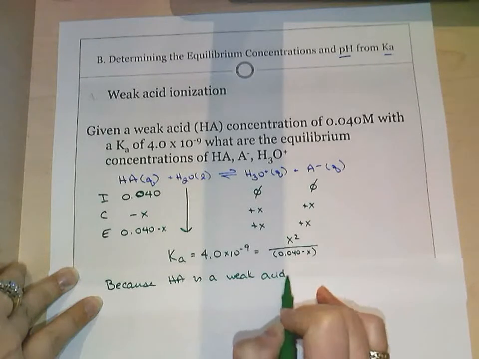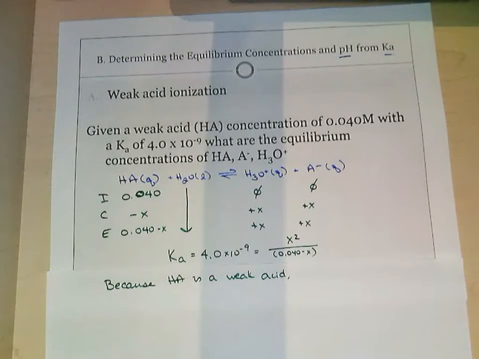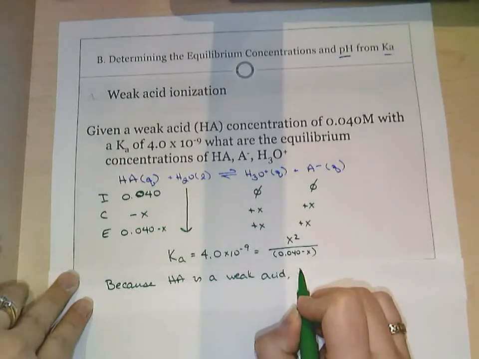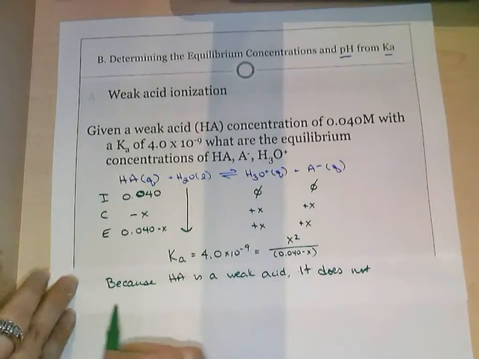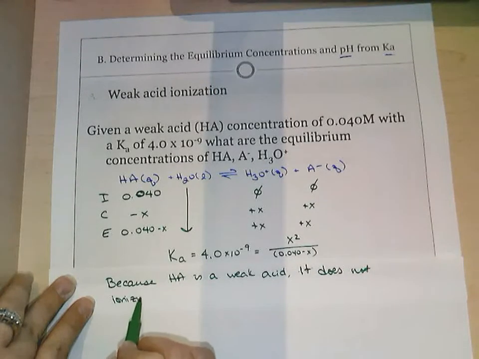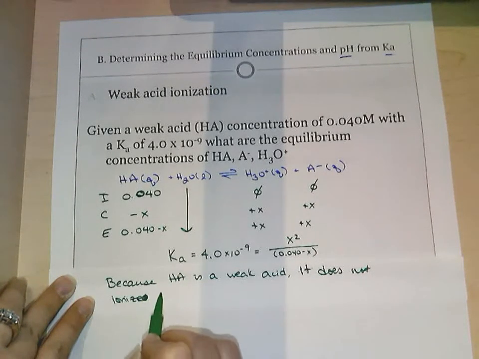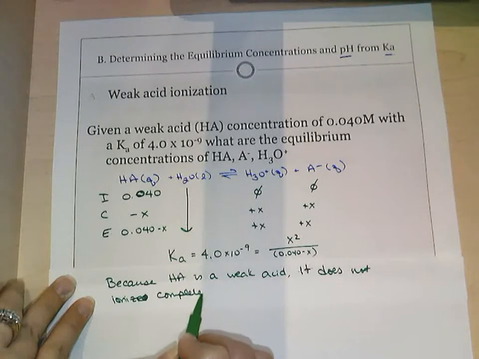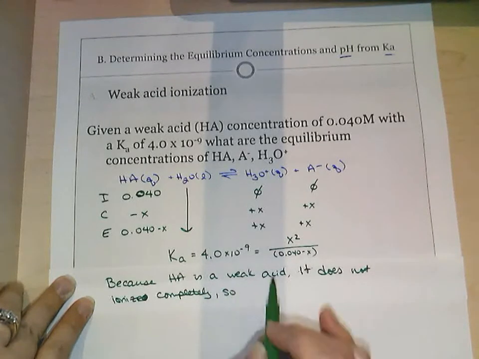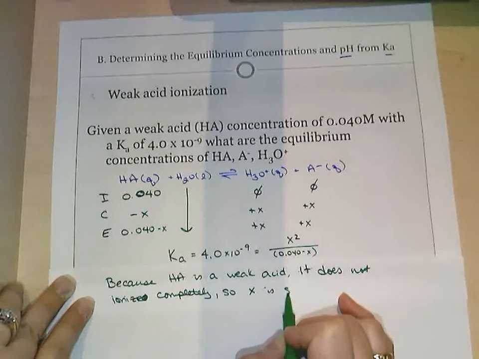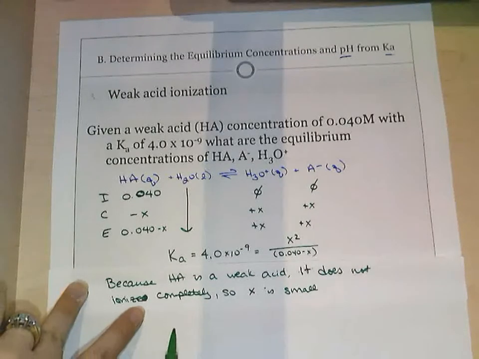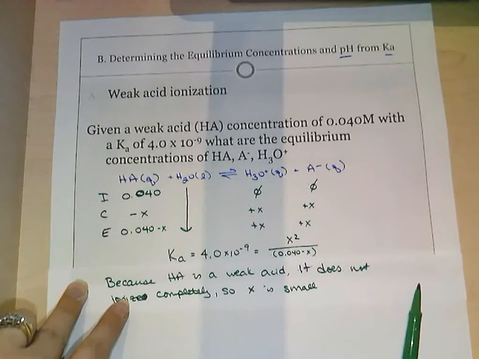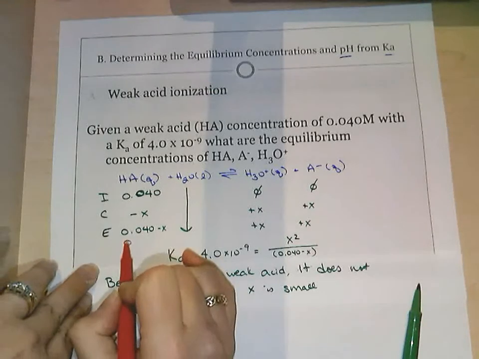All right, so because HA is a weak acid, it does not ionize completely. So we can say X is small, so I can actually say this is really 0.040.